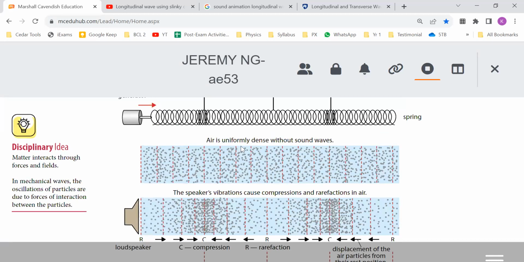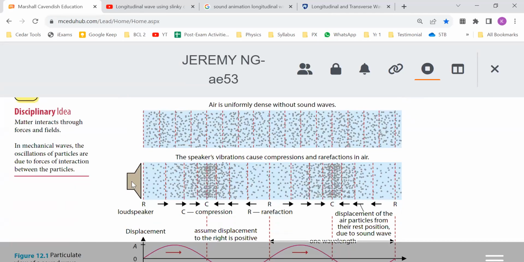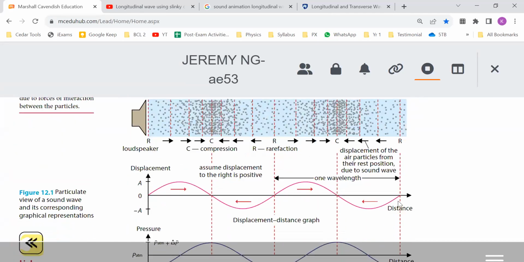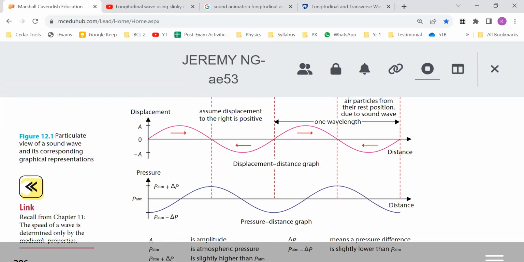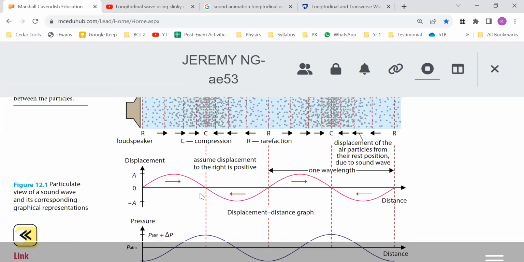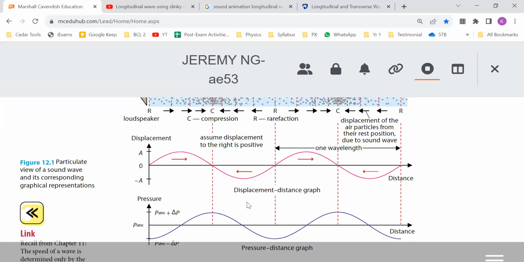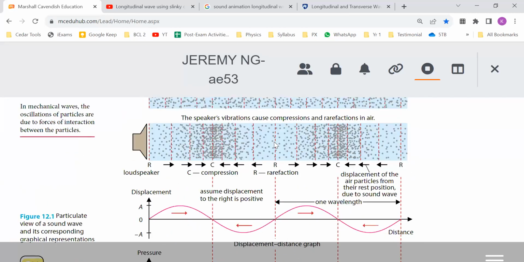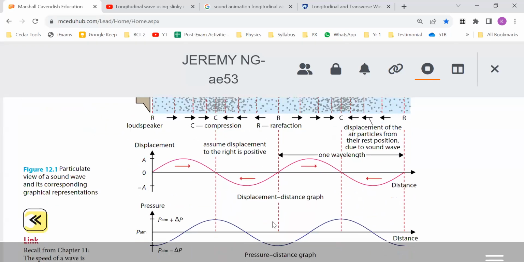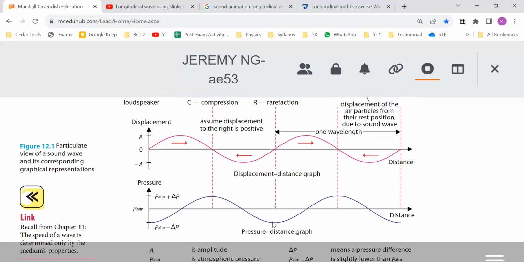In other words, it is this diagram over here: air is uniformly dense without sound waves, and the air pressure will be this horizontal line. Therefore, if particles cluster like that in the area of compression, I will have higher than atmospheric pressure. Likewise, if they spread away, like at the center of refraction, the pressure should be lower than atmospheric pressure. All right?